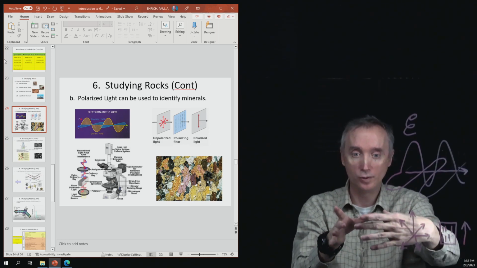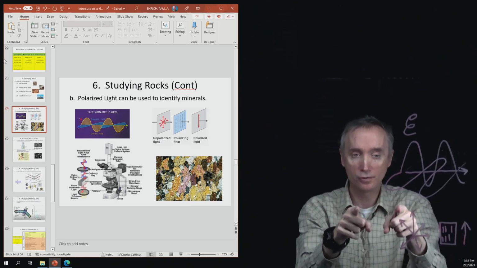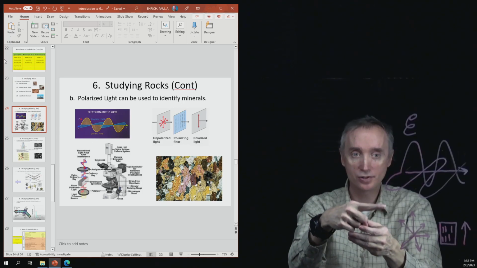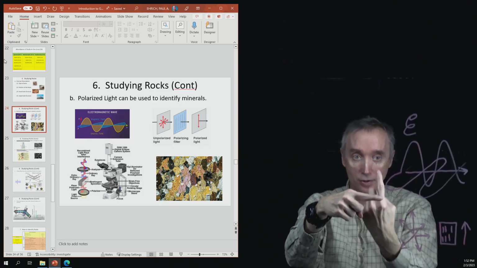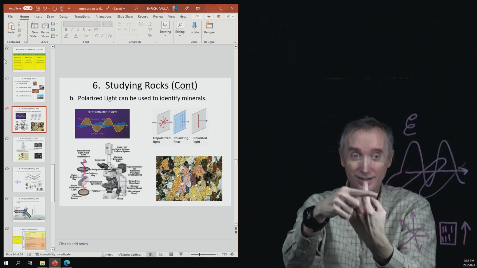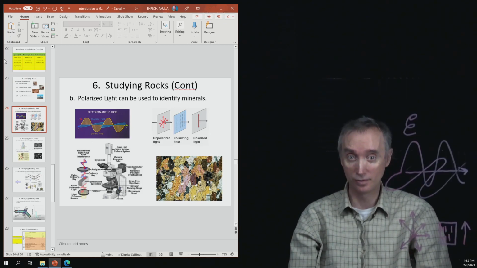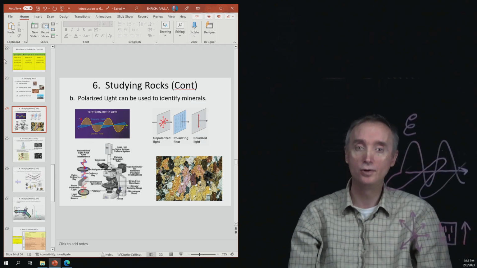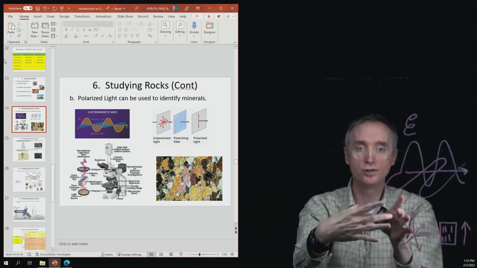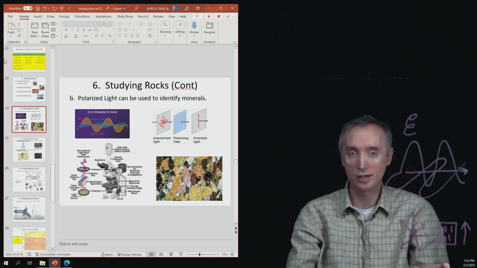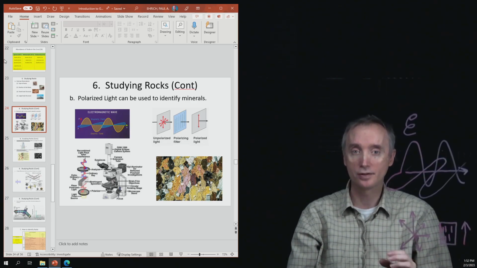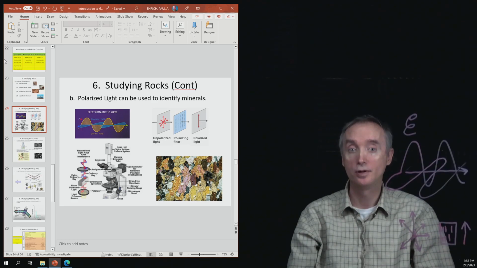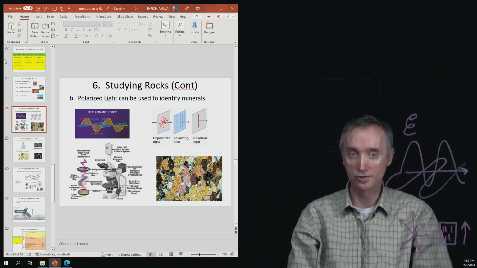But when we rotate it, if that mineral crystal is out of position, so it's not parallel to the polarizing light, then you don't see the mineral. And so by rotating this around, what you're going to see is sometimes minerals will become visible and sometimes they'll become dark, and based on the color and the shape, we can figure out what those minerals are that make it up.